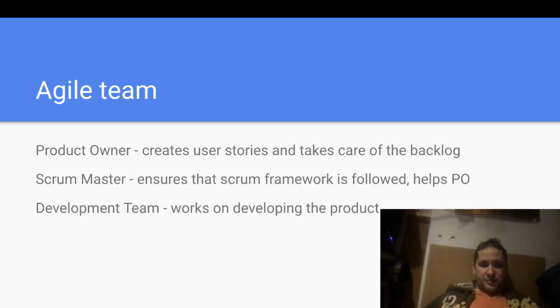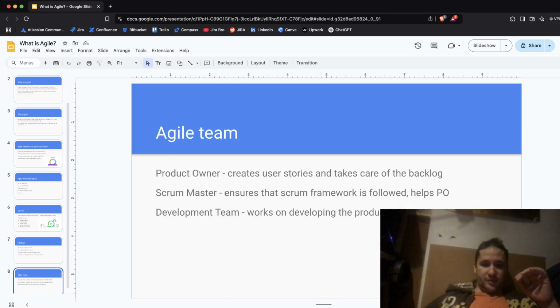And I would stop here, because if I would move on, this would last really long. So let me know in the comments if you're interested in knowing more about Agile, breaking things down, talking about user stories, and all of the estimation techniques.